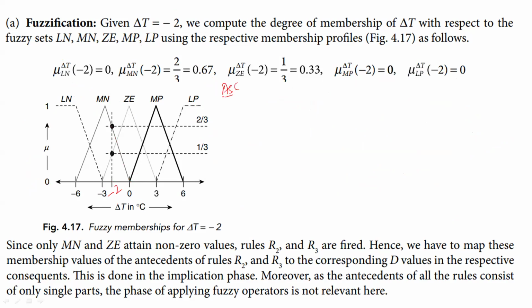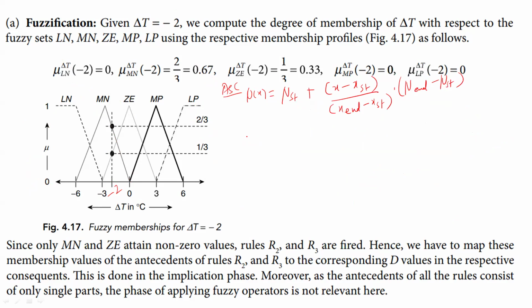Now for the ascending slope, our equation was mu of x is given by mu start plus x minus x start divided by x end minus x start into mu end minus mu start. Okay, so this is our point.